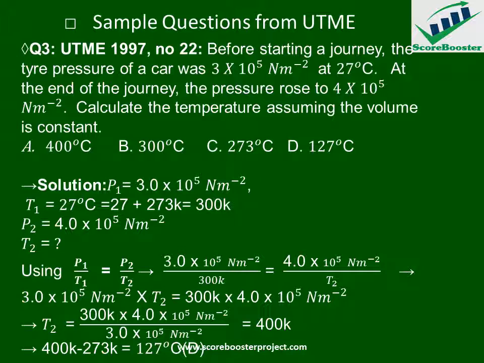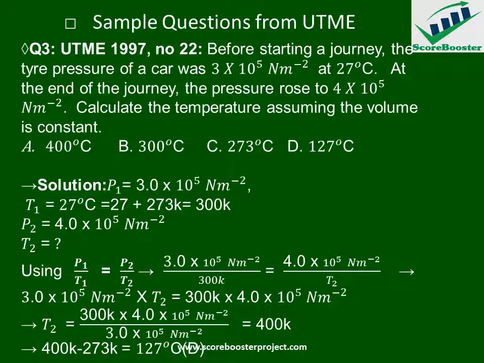Now, the next question we shall be considering comes from UTME 1997, number 22. And the question goes thus: before starting a journey, the tire pressure of a car was 3 times 10 raised to the power 5 Newton per meter square at 27 degrees Celsius.